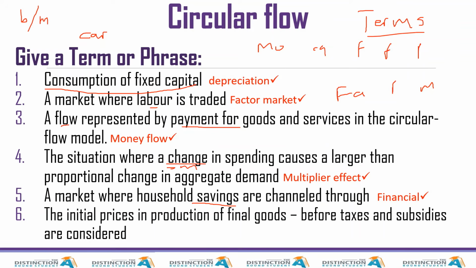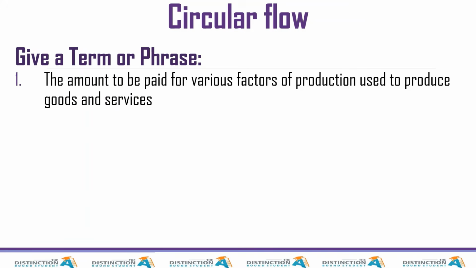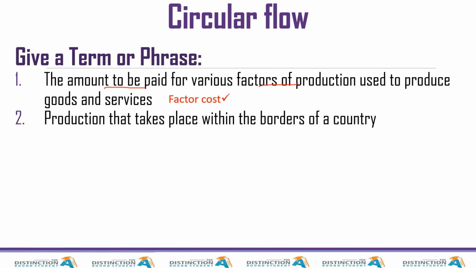Next question. The initial price in production of final goods before taxes and subsidies. Clue. Is it this or this? Did you get the clue? It is B. Basic prices. Next question. The amount to be paid for various factors of production used to produce goods and services. The amount that we pay for the factors of production. What is it?